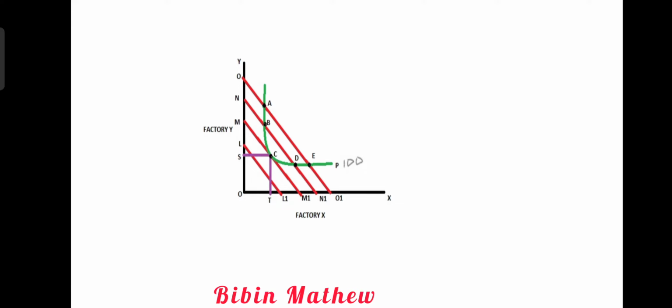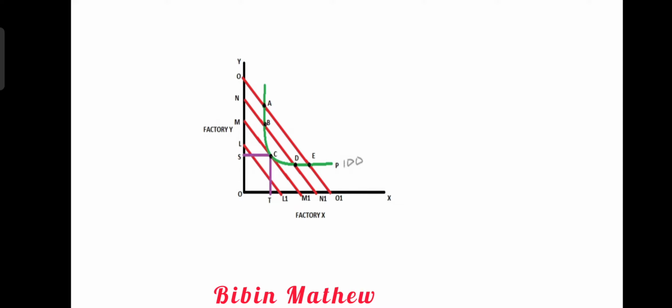In this diagram we can see an isoquant curve, denoted by P, in green color, and there are various isocost lines highlighted in red.